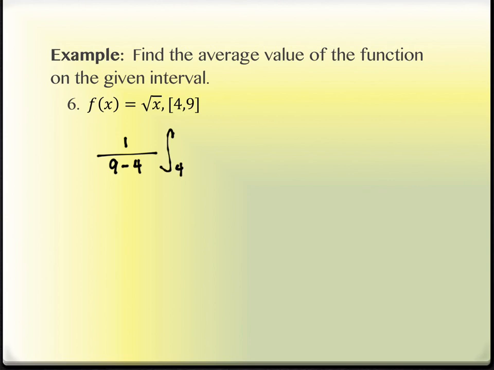The integral will go from 4 to 9. It is square root of x, but I'm going to write it more conveniently as x to the 1/2 dx. This is what the average value formula says I'm going to do, right? Okay. So I've got 1/5 in front, and I need the antiderivative of x to the 1/2. What's the antiderivative of x to the 1/2?